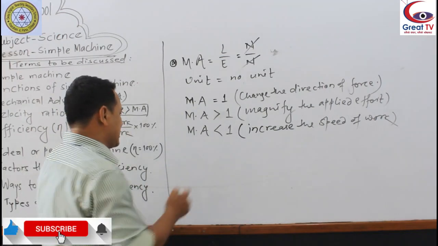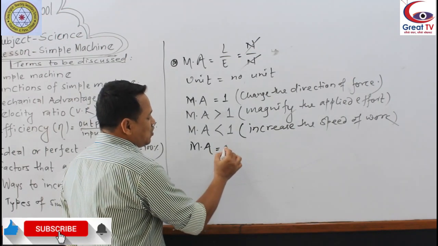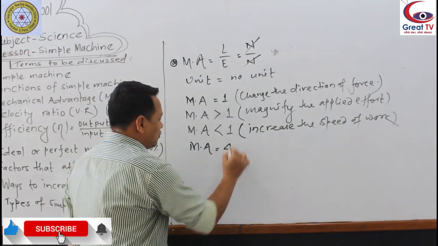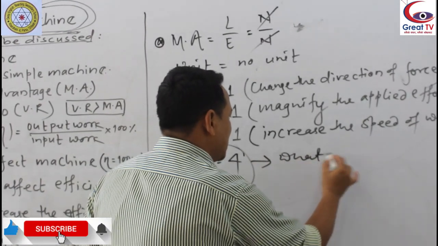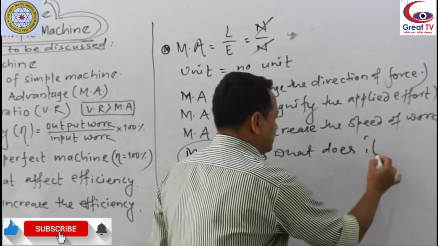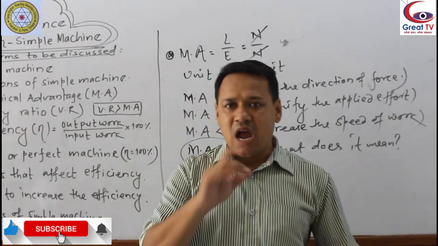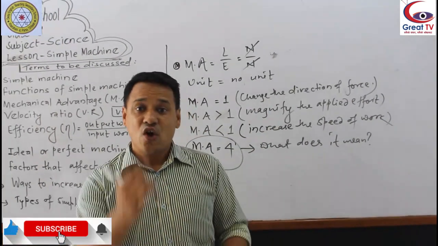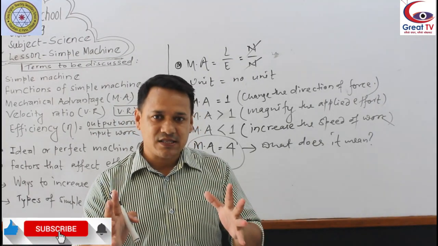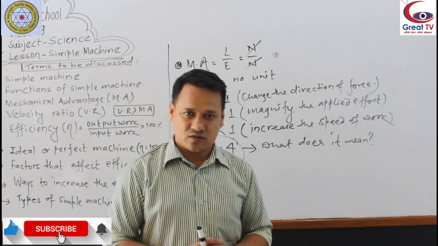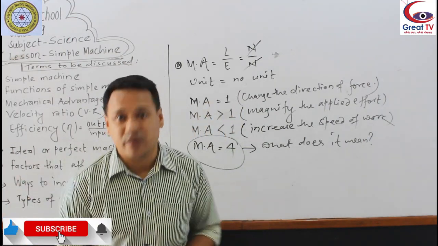Mechanical advantage MA equals, let's say, 4. What does it mean? Mechanical advantage of machine is 4. It means by using any effort, you can lift 4 times heavier load.